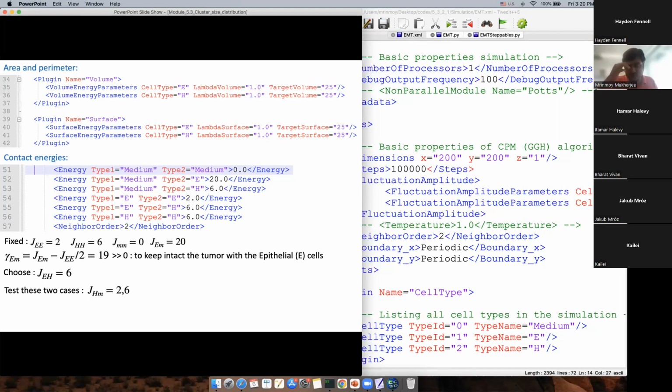But for the time being, you understand why we choose volume 25, because just imagine it is a square cell, but by changing the target surface parameter, you can make the cell a little bit elongated or circular. But for the time being, let's choose 25.